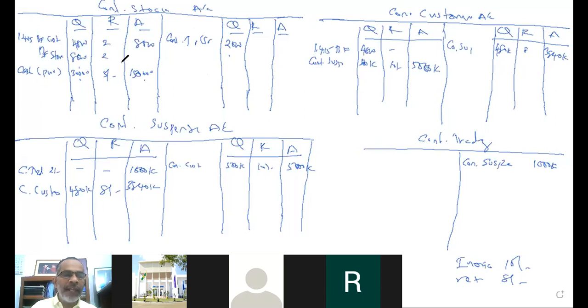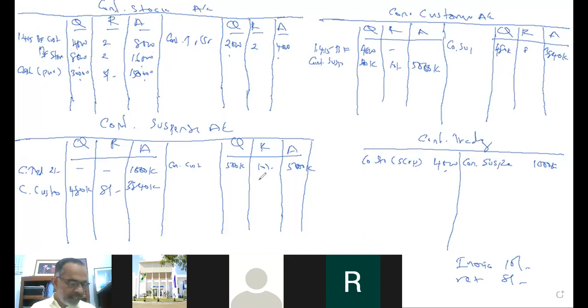Therefore, this one 8,000, this one 16,000, this will be 4,000. Stock account is credit, trading account is debit, 4,000. Container stock account. Here I am writing scrap 4,000.